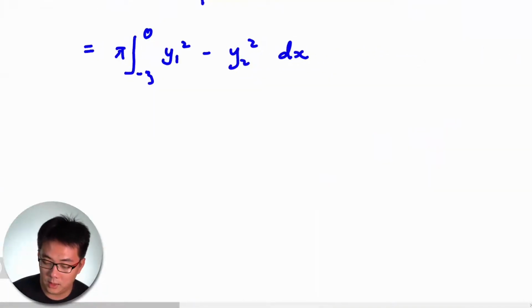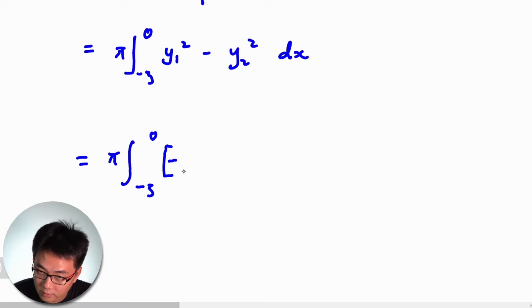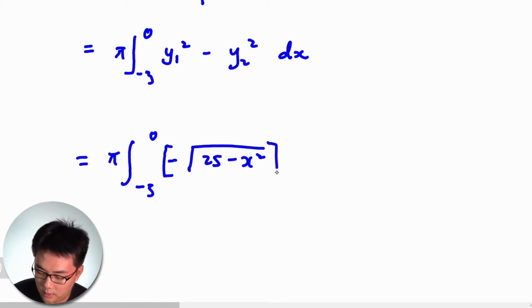So once we do that, what do they want? They want the exact volume, right? So from minus 3 to 0, y1 will be 25 minus x squared, and we'll square this.